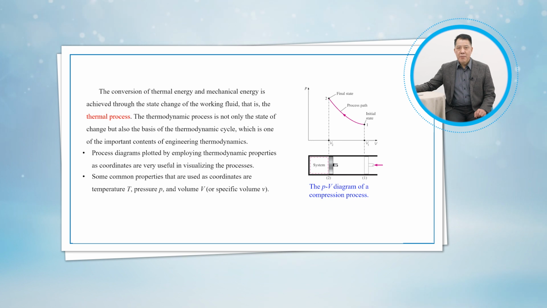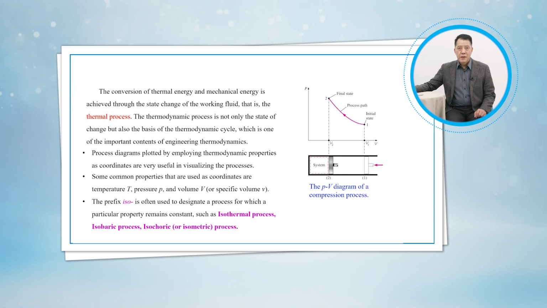Some common properties that are used as coordinates are temperature T, pressure P, and volume V. The prefix iso is often used to designate a process for which a particular property remains constant, such as isothermal process, isobaric process, isochoric process.